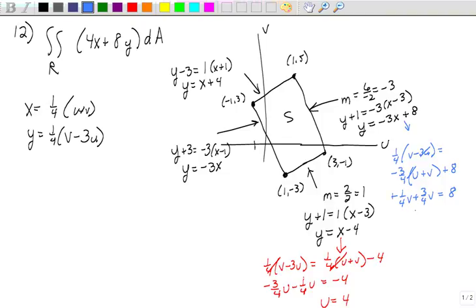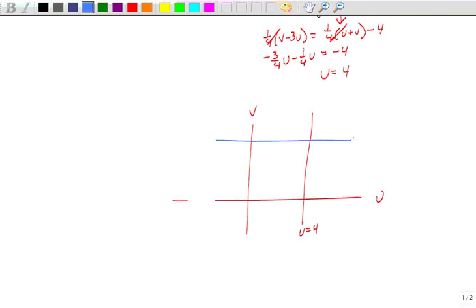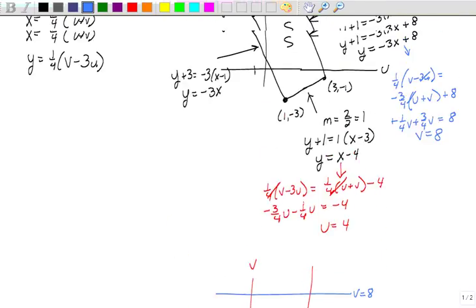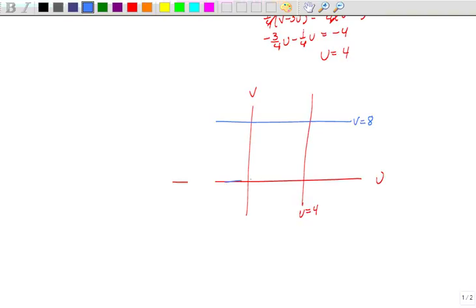That's plus. So I have v equal to 8. So that boundary is going to get translated to here. Oh, let's do this one in green. So the u's are going to cancel, and I have 1/4 v plus 3/4 v equals 0. V equals 0. So v equals 0 is here.